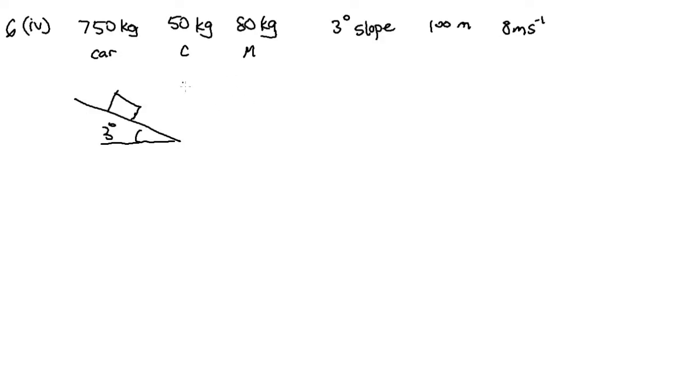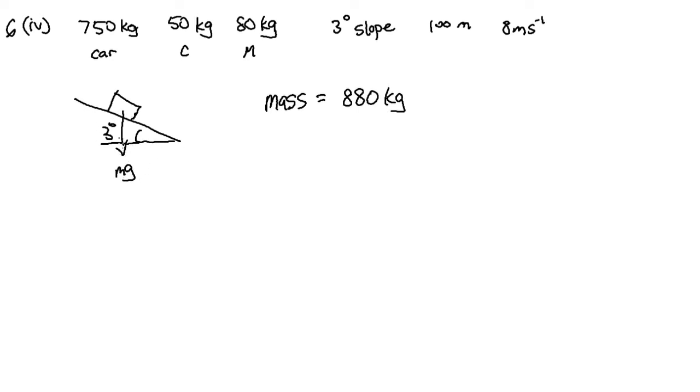Finally, part 4, we're going to find if they can start up the car or not after all that hard work. So there are only two forces to consider, because right now Martin and Carol are both in the car, and therefore the mass is equal to 750 plus 50 plus 80, which is 880 kilograms, and we have a force of mg.